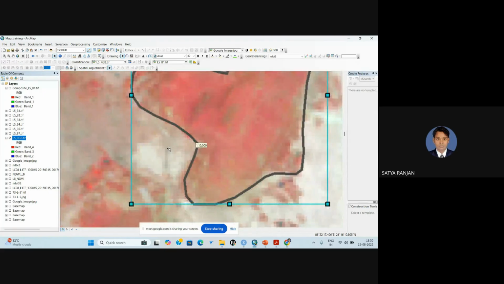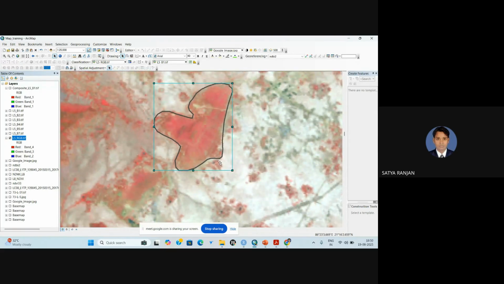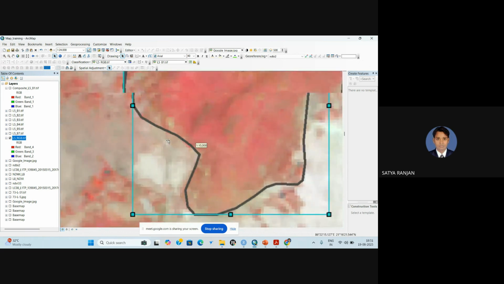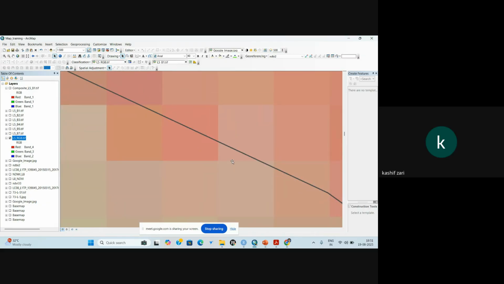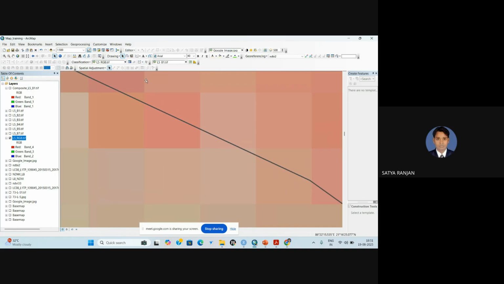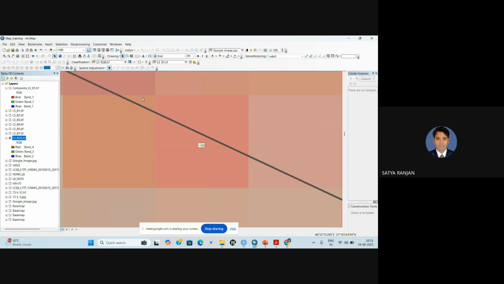Suppose this is the forest area, it is visible now. When we zoom in, our demarcation of the line is independent of the pixel. This is one of the pixels, and the boundary crosses through the middle of the pixel. So this is the demarcation of different forest areas or other land use classifications.